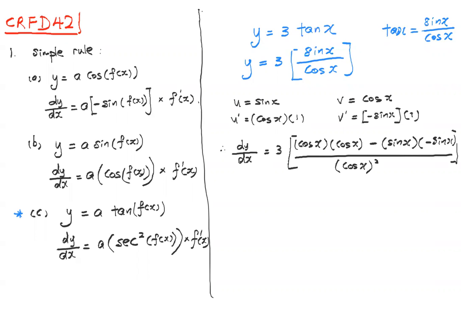Okay. So I end up with 3 times of cos x, the whole thing square. Negative times negative, I got positive. Plus sin x, the whole thing square, divide by cos x, the whole thing square.